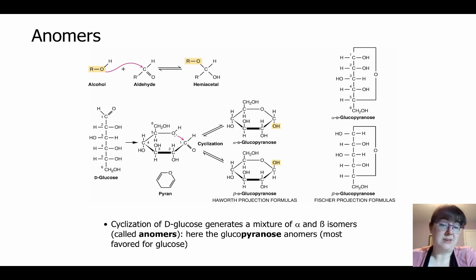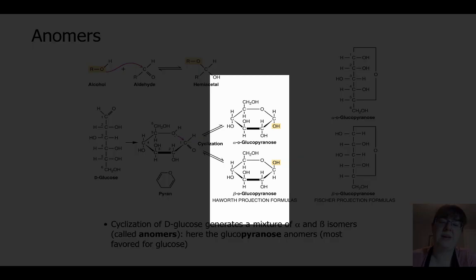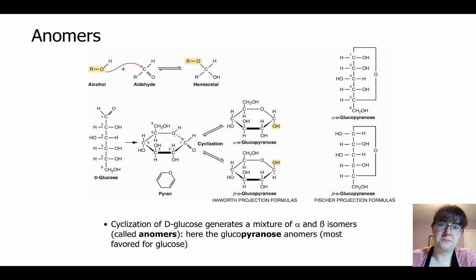One of my favorite tricks for this is, as long as we started with D-glucose, in the Haworth projection, which is what this cyclized ring now is, the hydroxyl group for alpha will be on the bottom. The beta will be on the top.